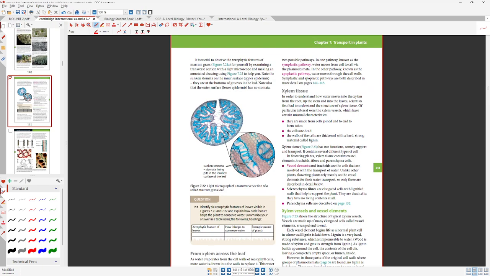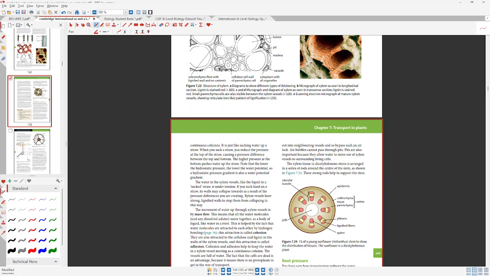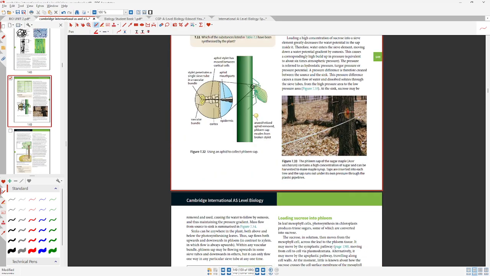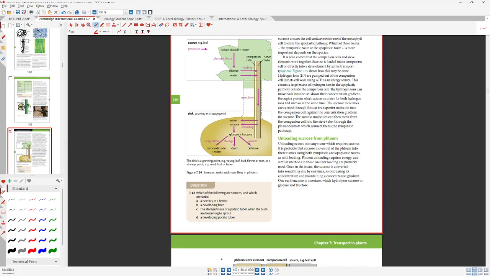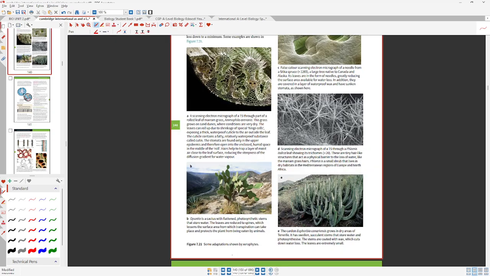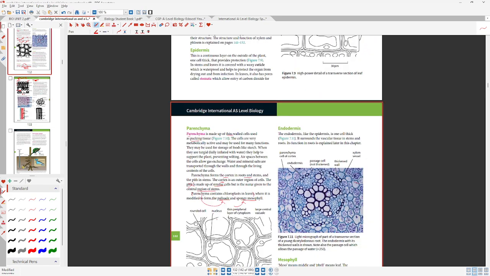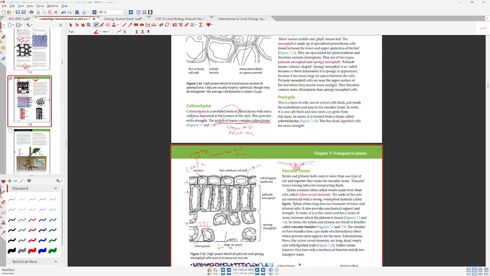Now they're talking about the xylem tissue. Okay, so that's where it really gets into the stem. Alright, sure, fine, cool. So what are they talking about up here? No idea. So collenchyma is just modified parenchyma with extra cellulose for structure or mechanical purposes.